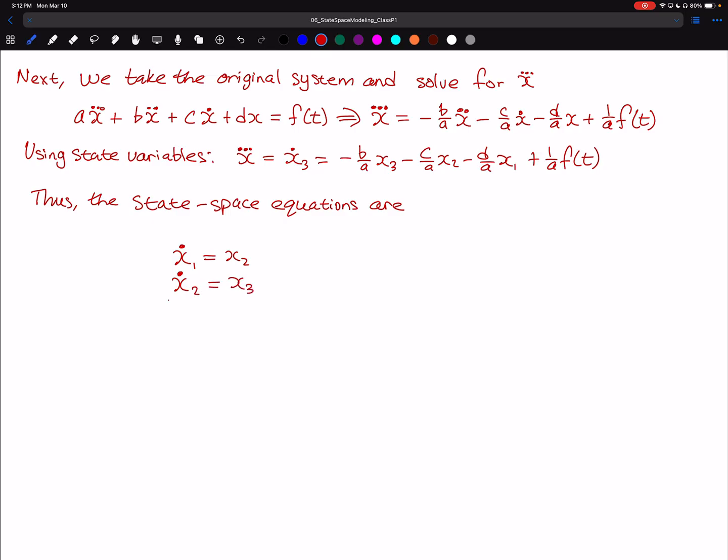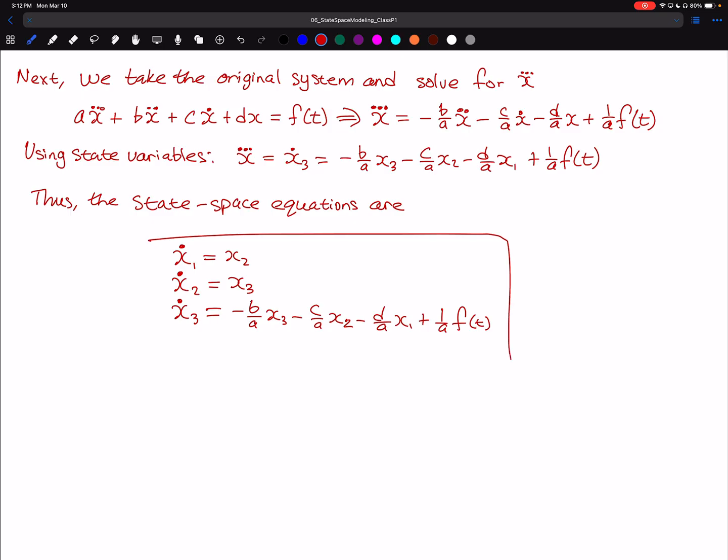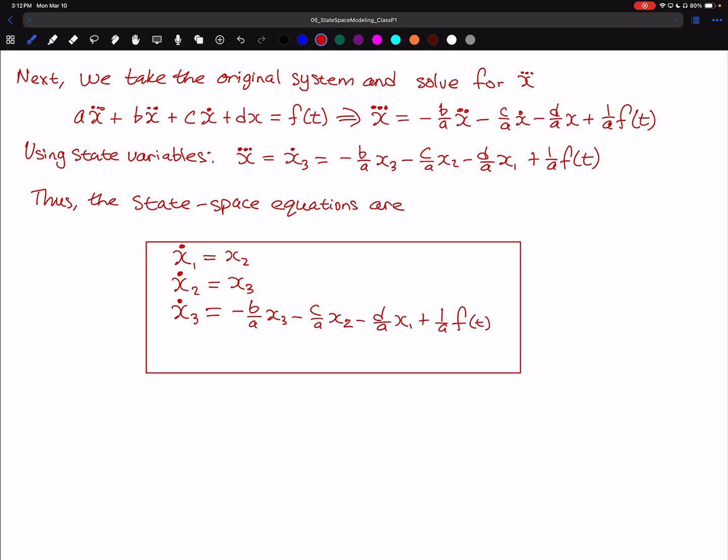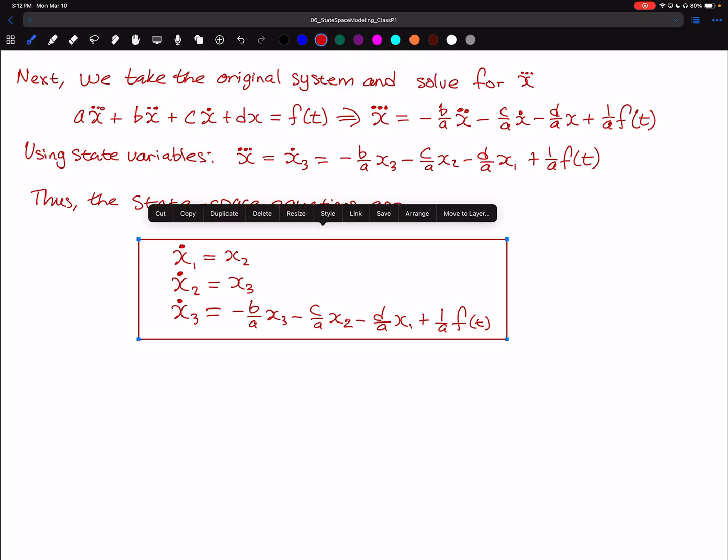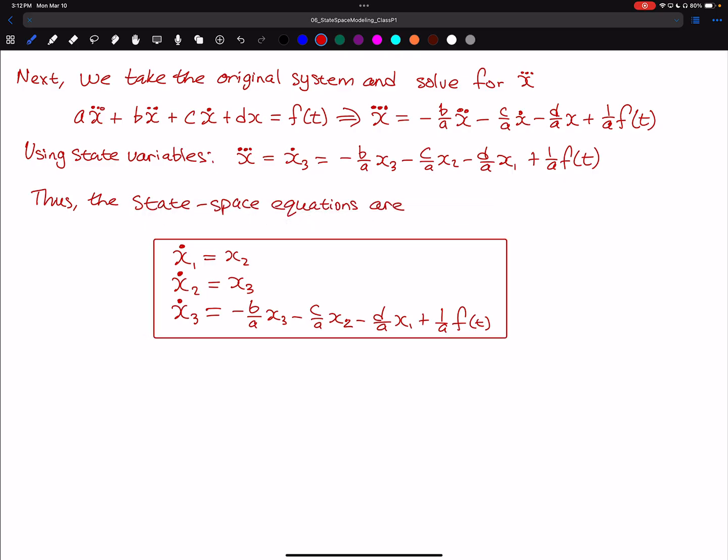And then we'll get x3 dot equal to minus b over a x3 minus c over a times x2 minus d over a x1 plus 1 over a times f of t. And that is the state space equations for this system. So we have 3 equations. They're all first order differential equations, but we now have 3 of them that we have to deal with.